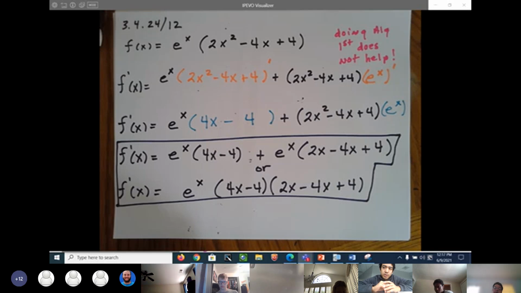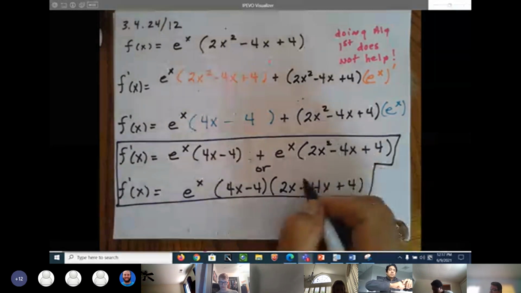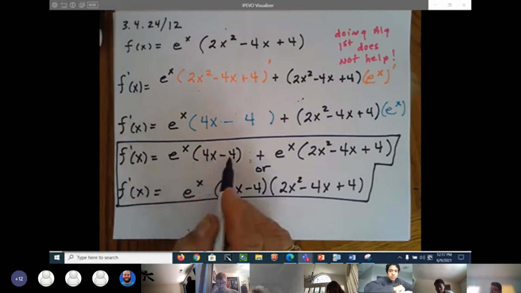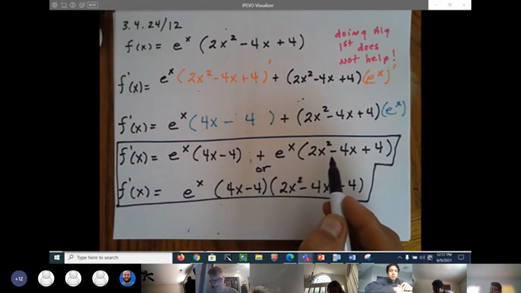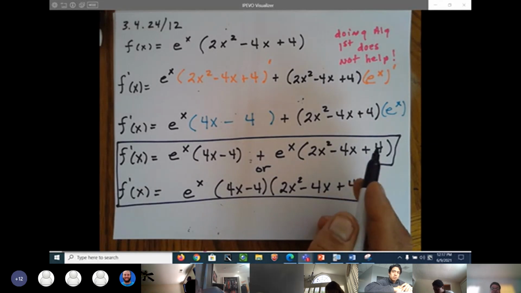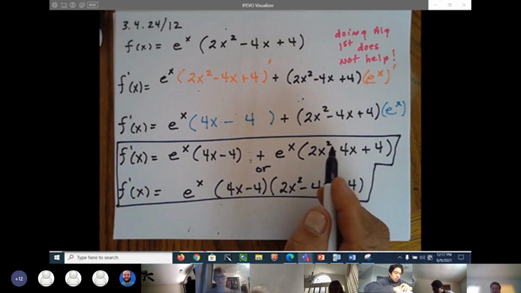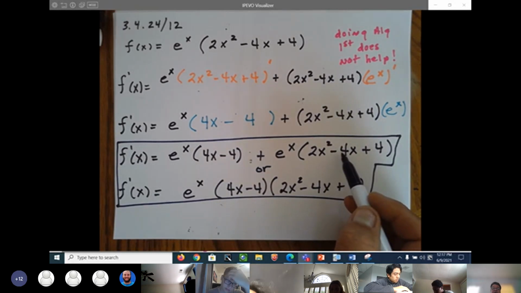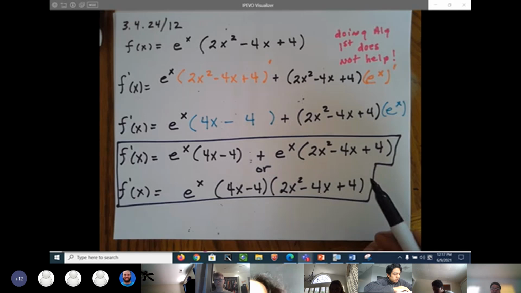Shouldn't that be 2x squared? Thank you. You could distribute this and maybe you could find some like terms, 4x e to the x, and this negative 4x e to the x. You may be able to cancel some terms.